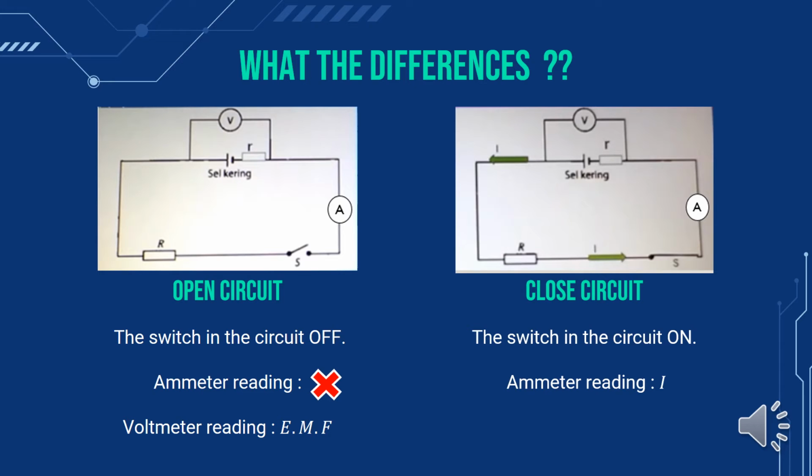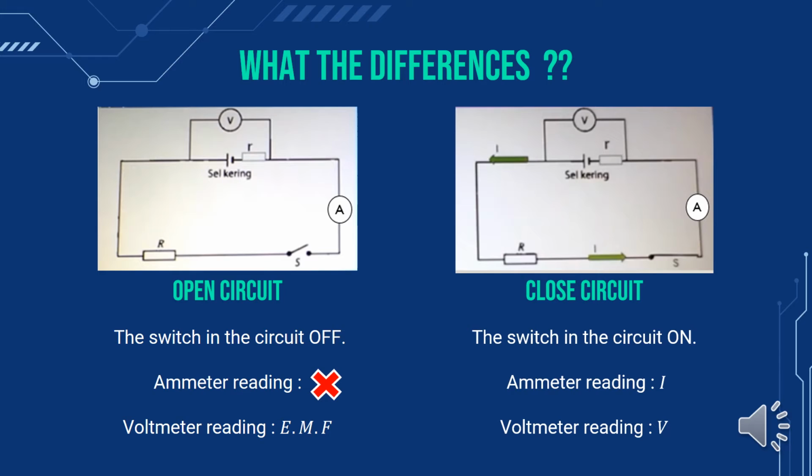And here, the voltmeter reading will give you the potential difference of the circuit. Now you see what the difference between EMF and potential difference is. In a closed circuit, you can see the voltage drop caused by the internal resistance.